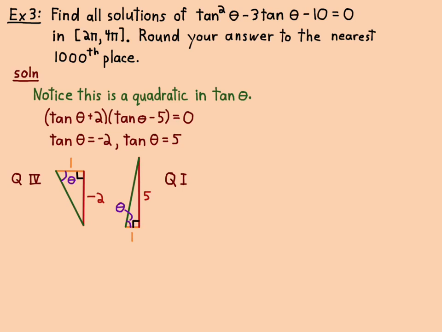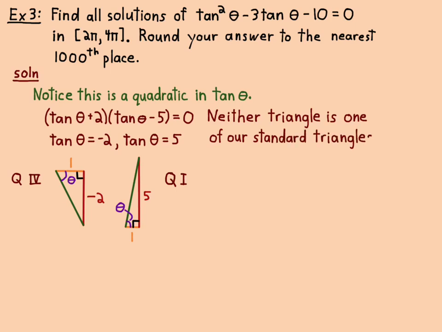It's 5, 1, this triangle. Rise over run, right? So neither triangle is one of our standard triangles, 30, 60, 90, or 45, 45, 90. So that means that when I do the arctangent, it's going to be an estimate.